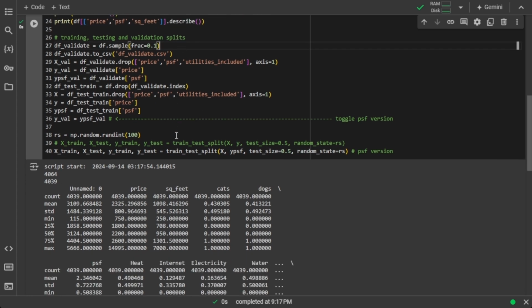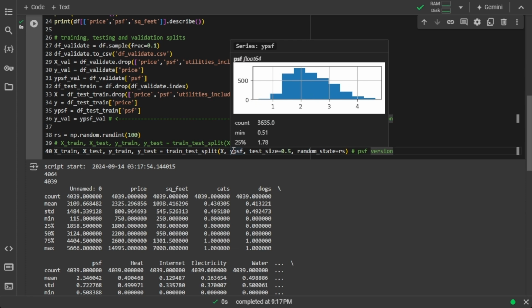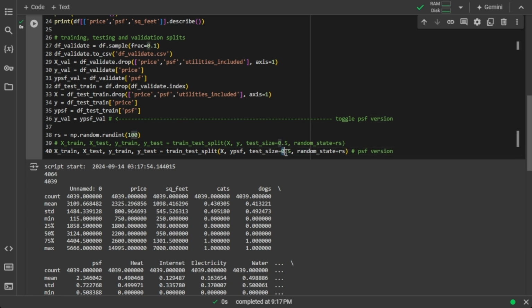And then right here, this is where I use sklearn test train split because it's just really handy. And so this will split the remaining 90% of my working data frame into the test and train populations, and I like to go with 50%.